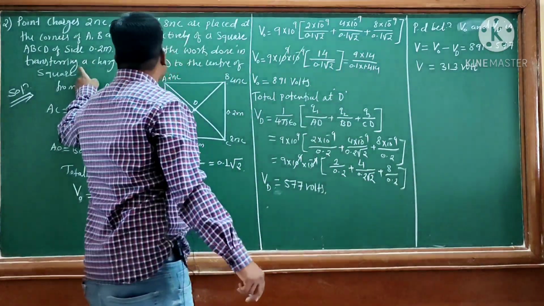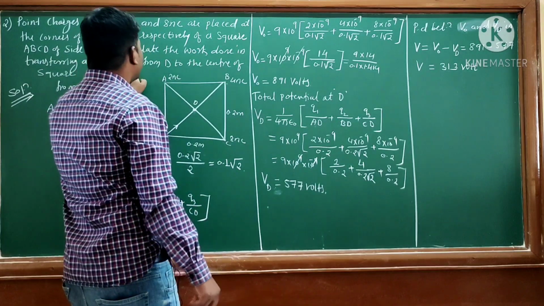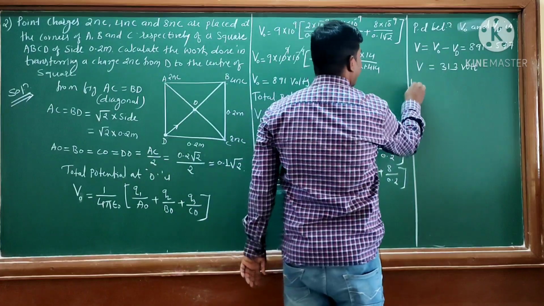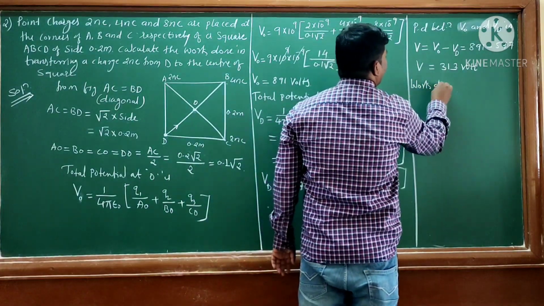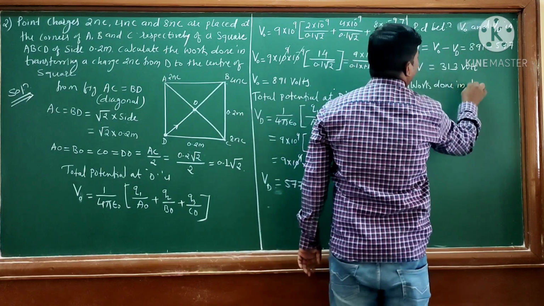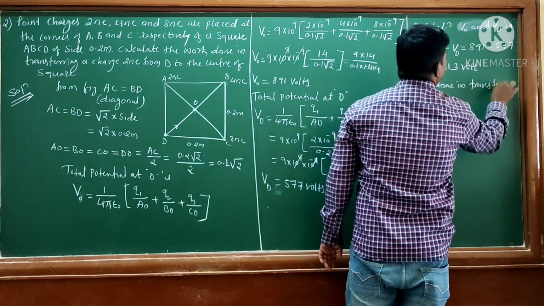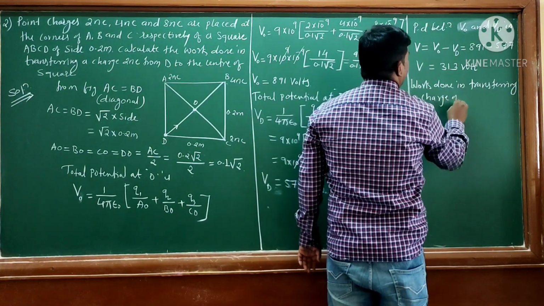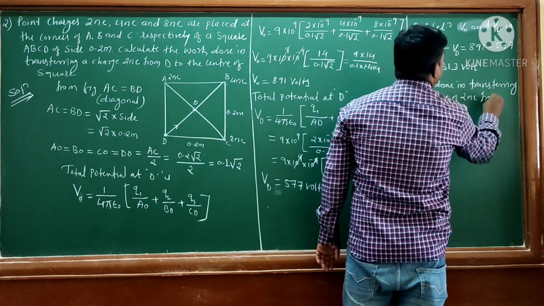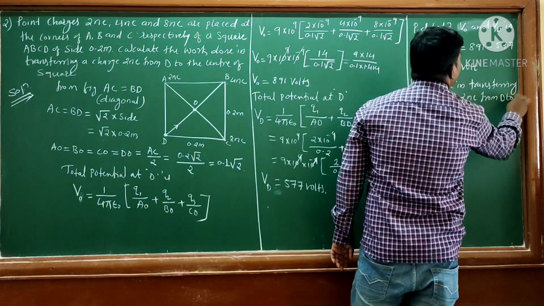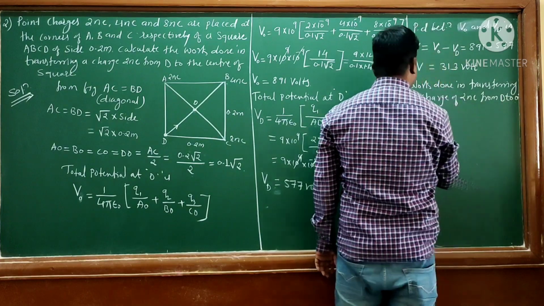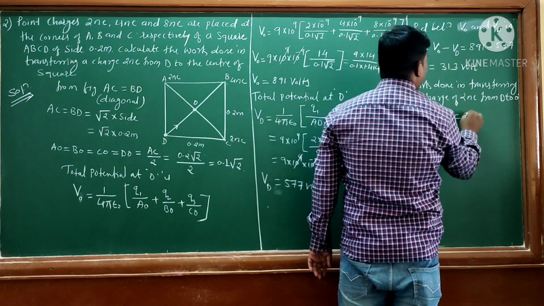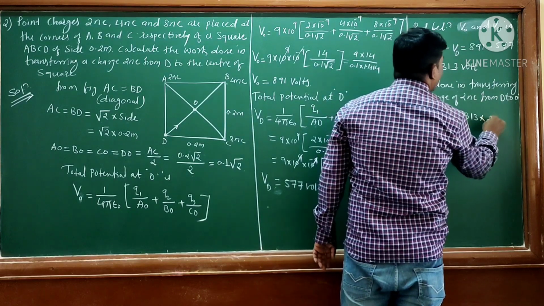What they asked is to calculate the work done in transferring a charge of 2 nanocoulomb from D to the center of the square. So the work done in transferring a charge of 2 nanocoulomb from D to O is W equal to V into Q. V is 313, Q is 2 nanocoulomb.